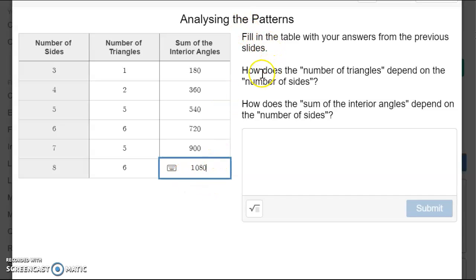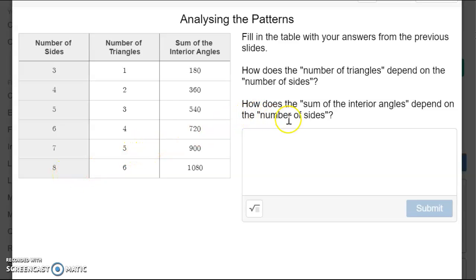Fill in the table with the answers in the previous slides. How does the number of triangles depend on the number of sides? Number of triangles is always 2 less. Oops, this should be 3. And 4. So 2 less than the number of sides, right?